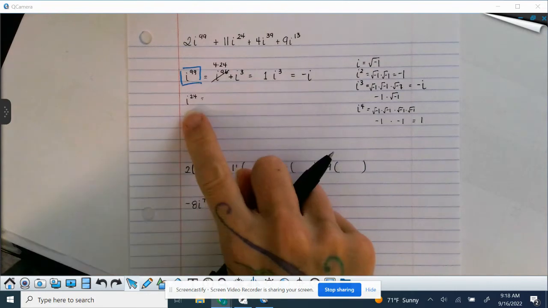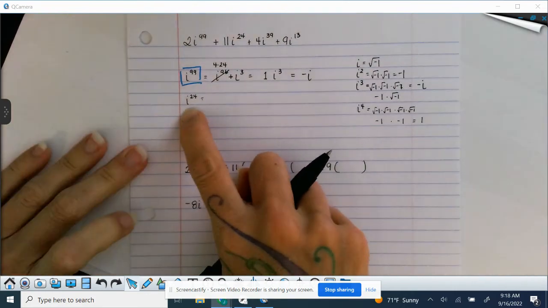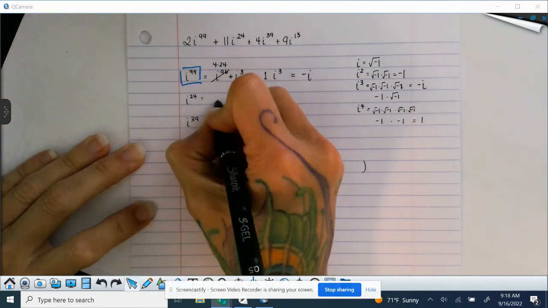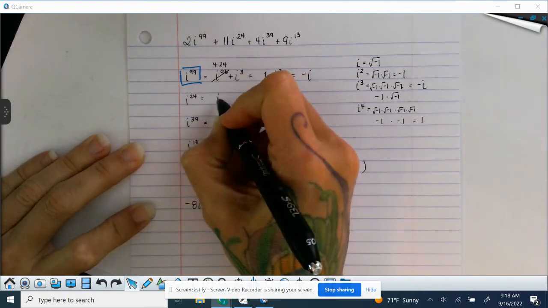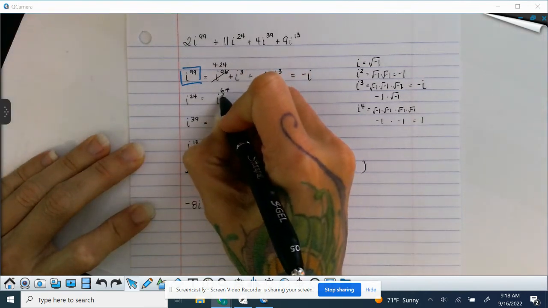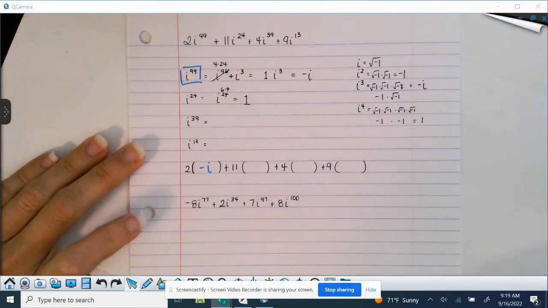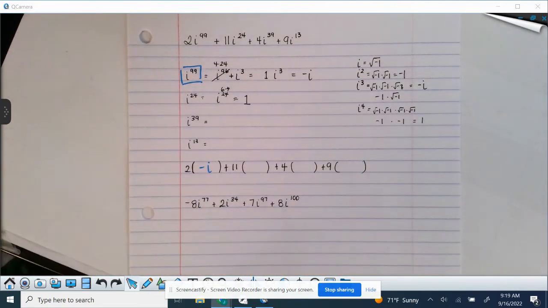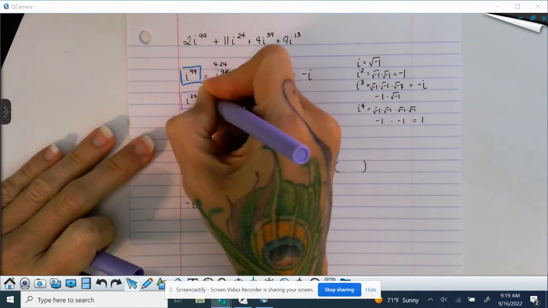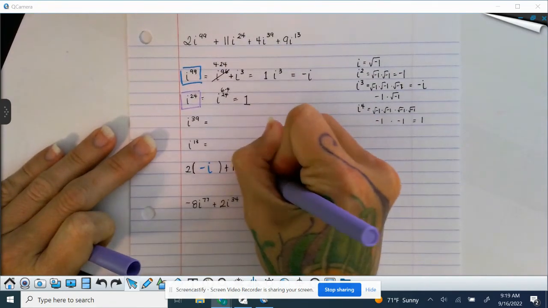Now 24 divided by 4 does go in there 6 times, so i^24 is 6 times 4, which means it's going to be a 1. If it's a perfect multiple of 4, then it is done. It is just 1. That's it. There's no leftovers. We don't have to account for anything. So 1 is going to go here.